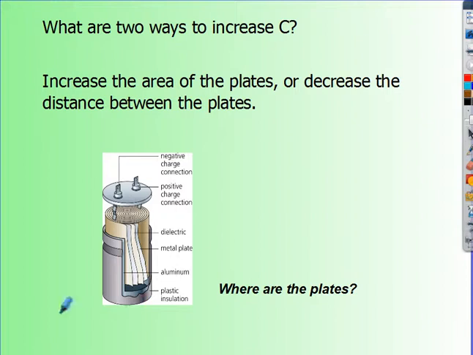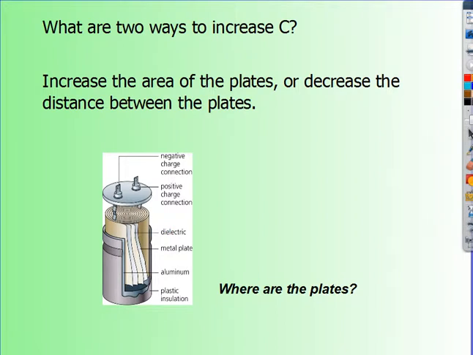Now look at this capacitor here. This is how you'll see a lot of capacitors, a kind of cylindrical object. It's got a negative charge, a positive connection, and then this dielectric, which when they're very small you need, these metal plates, and a few other things. How can you increase capacitance?